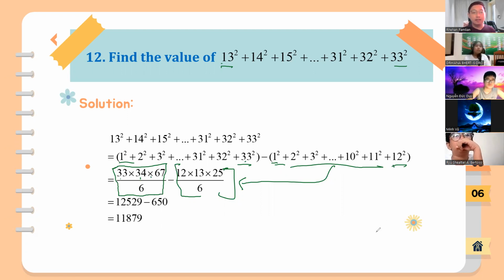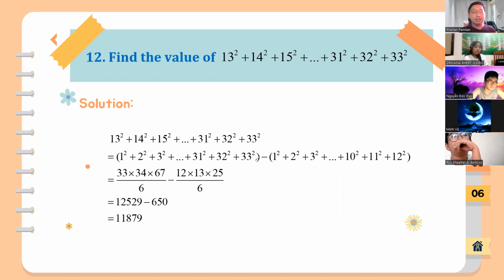How is the shortcut derived? That's one thing that is interesting about math. It's not derived, it's basically a simple trick.